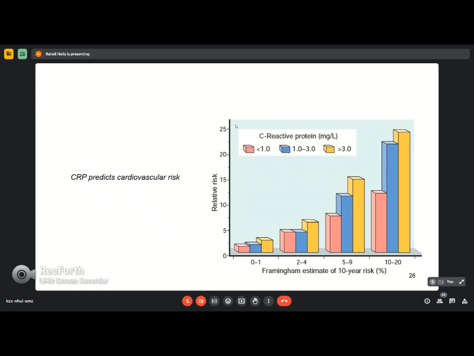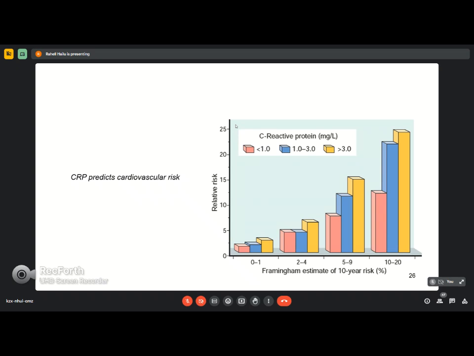CRP is a kind of acute phase reactant that basically measures the level of inflammation you have in the body. It's a systemic chemical that is measured to see if there is an ongoing chronic inflammation.